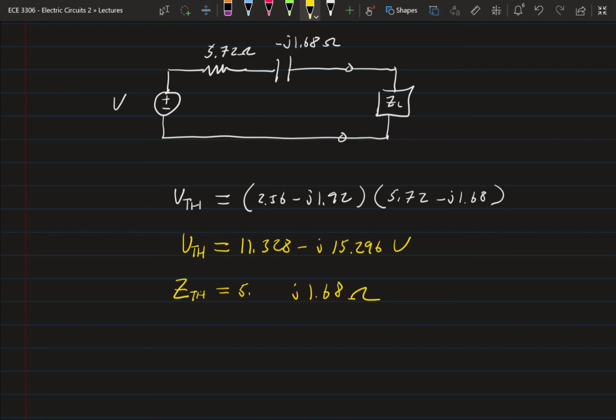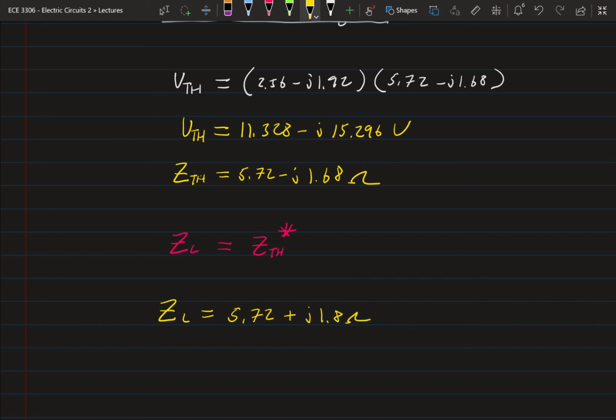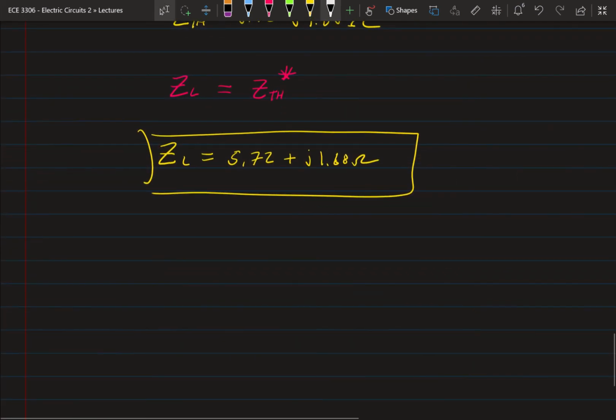So it's 5.72 minus j1.68. And if we remember from the very beginning, what we're looking for, that ZL for maximum power transfer is equal to ZTH conjugated, we'll have that our ZL is equal to 5.72 plus j1.68. And there we go. There's our impedance for maximum power transfer.